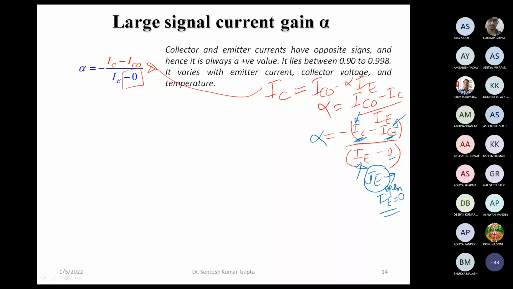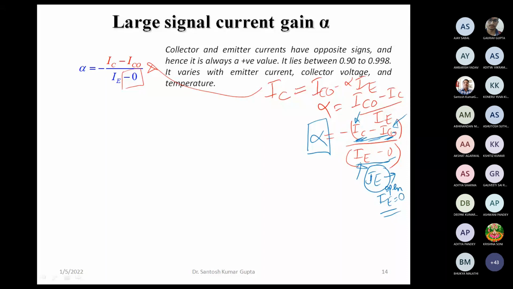So we can see here the ratio of the change in the collector current to the change in the emitter current. This alpha factor can be seen as the ratio of a change in the collector current to the change in the emitter current from off to on position.